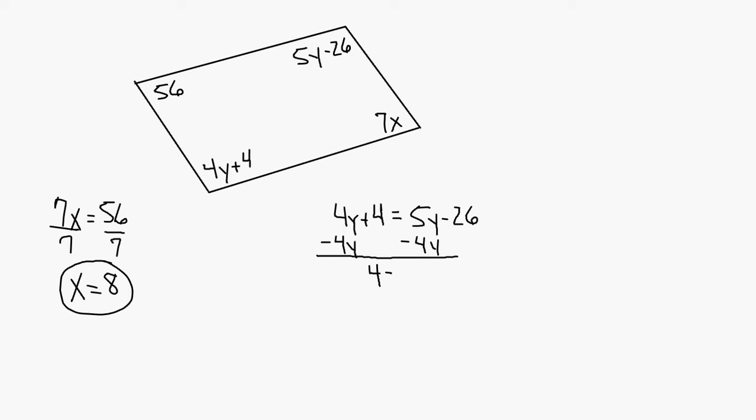So 4 is going to equal y minus 26. And then add 26. And 30 equals y. Okay? Look at the shape, evaluate the information given, and then apply one of the 4 rules of when a quadrilateral is a parallelogram. Any questions on that?